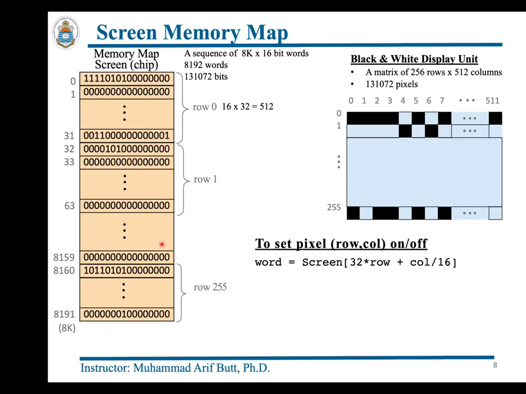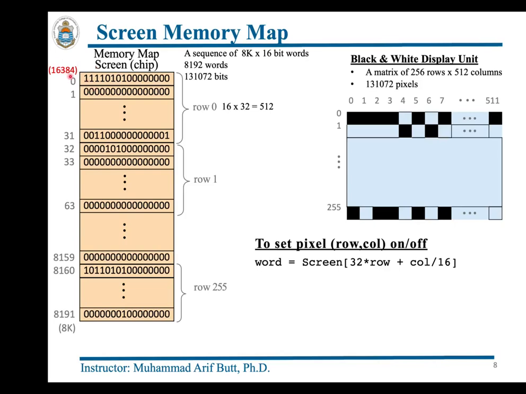Dear students, there is still a wrinkle to iron. This screen memory map is an 8K chip called screen. When we build the overall Hack computer, the screen chip will be part of the overall bigger RAM chip. And when we take this memory map of this screen chip and put it in a larger memory context, the base address of the memory map will change. Let's suppose that this memory map starts from the RAM address 16384.